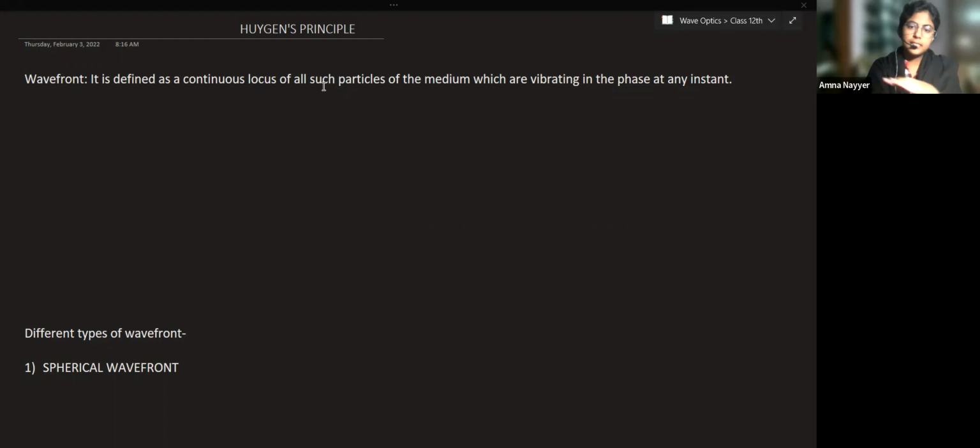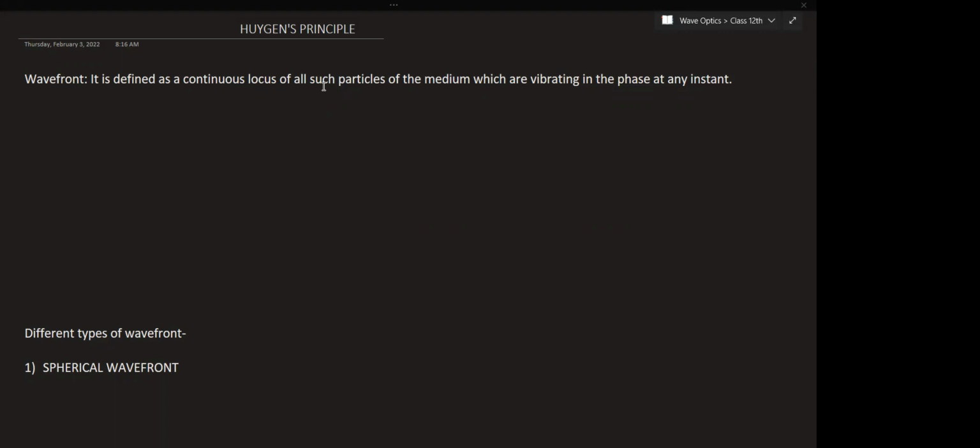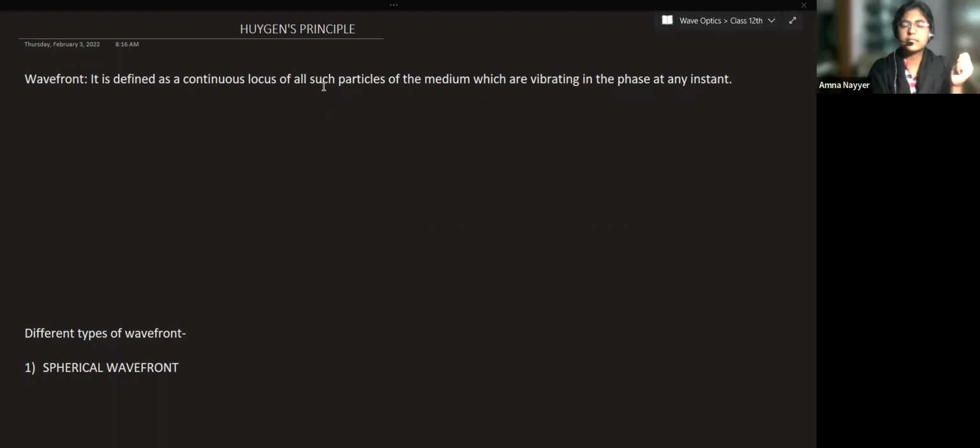Yes, class. If you throw a pebble on the still water, small waves, ripples, as you say, will be formed.